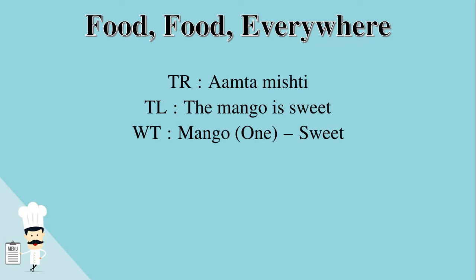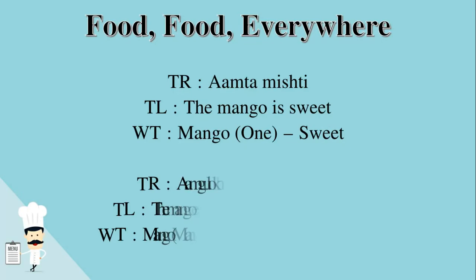So the mango is sweet, translates to amta mishti. Now just to reiterate, if there is am, are in the English sentence, the equivalent verb in Bengali is not used. It's missing. Okay, so amta mishti.